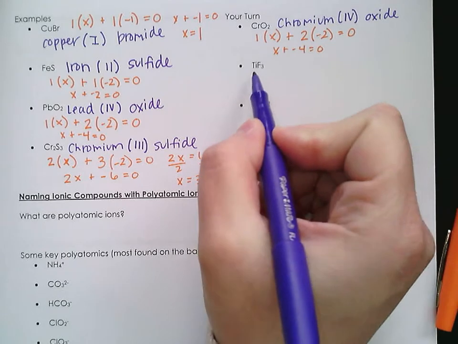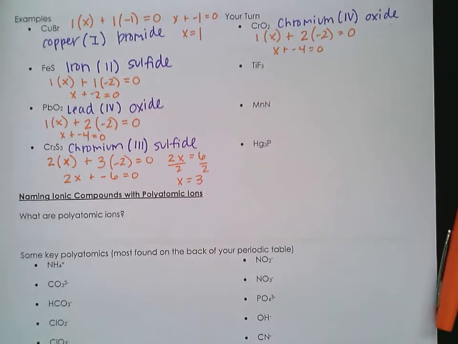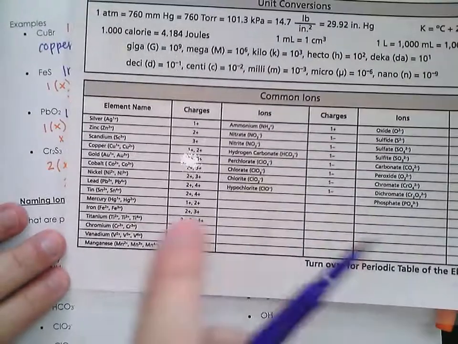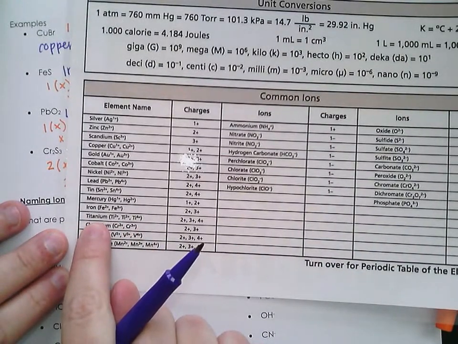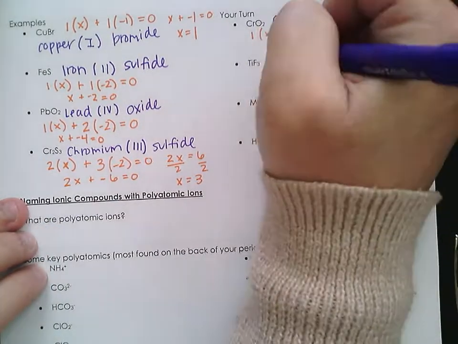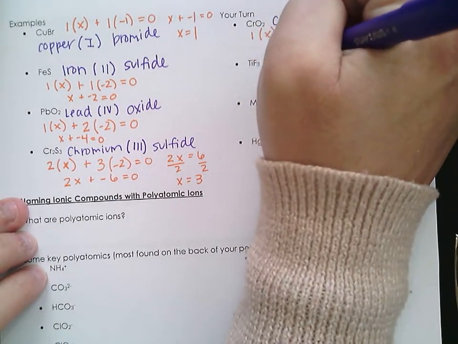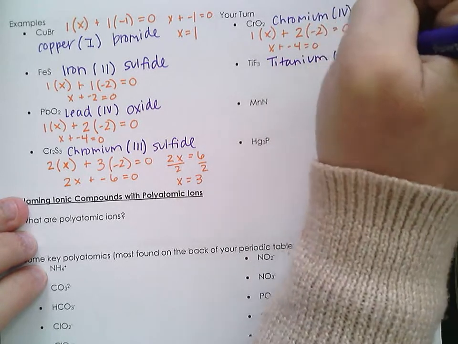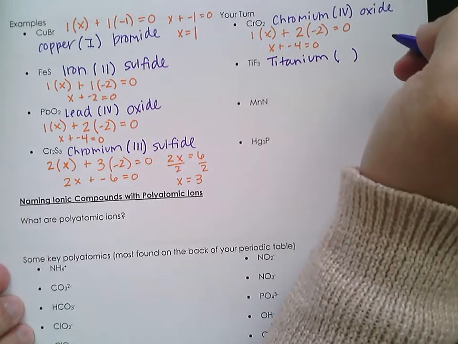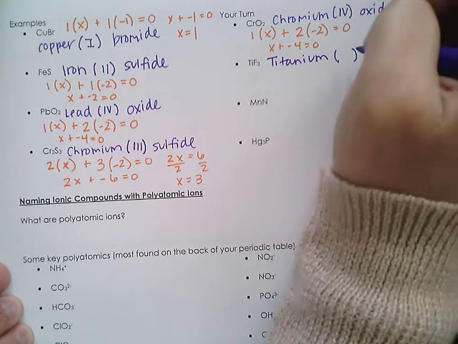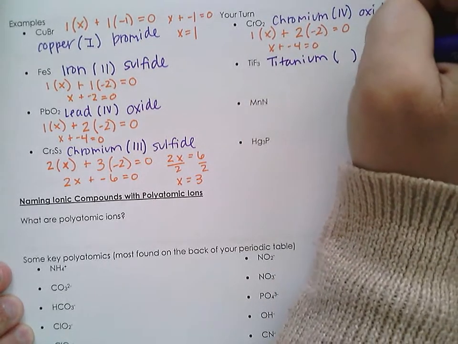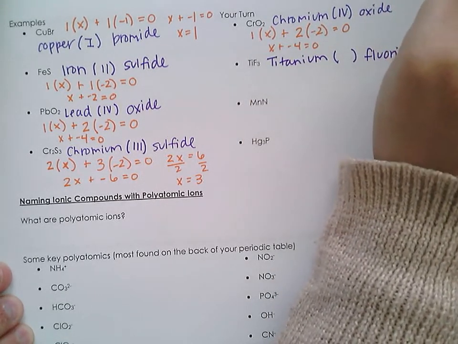Now let's check out this one. Ti. Be careful here because people love to put Ti as tin. If you look at Ti, it is actually titanium. So be careful with that. It has multiple charges, so I'm going to need parentheses there. And then we're going to take fluorine, and that's going to become fluoride.